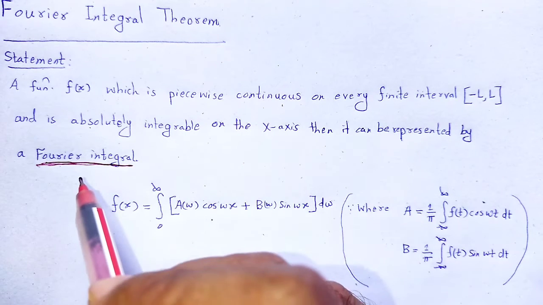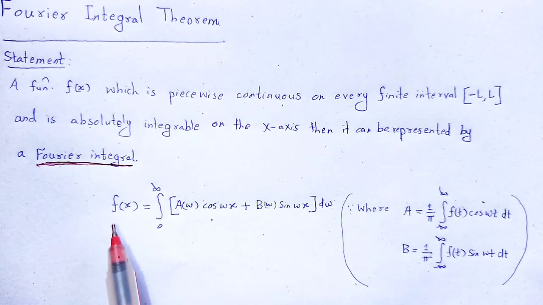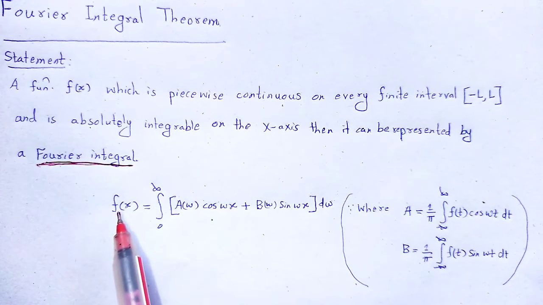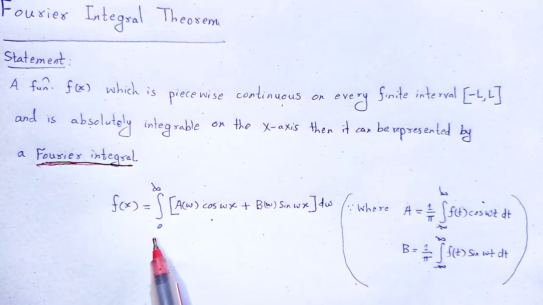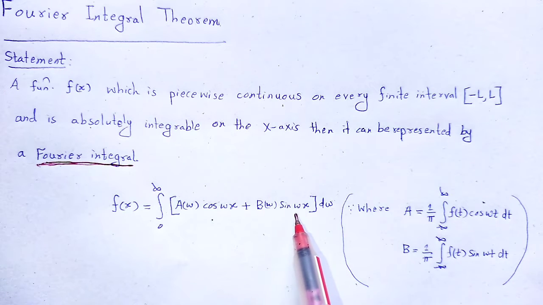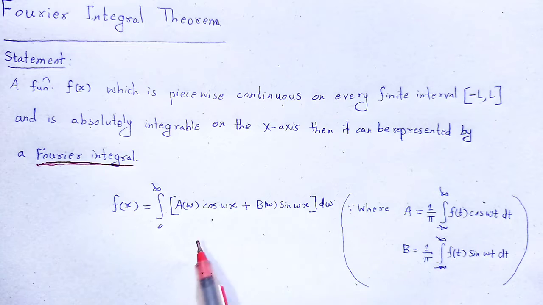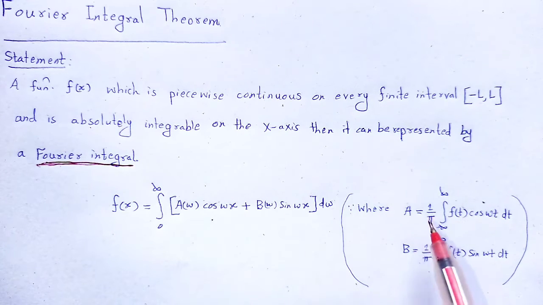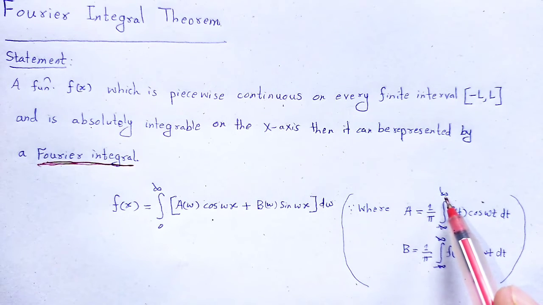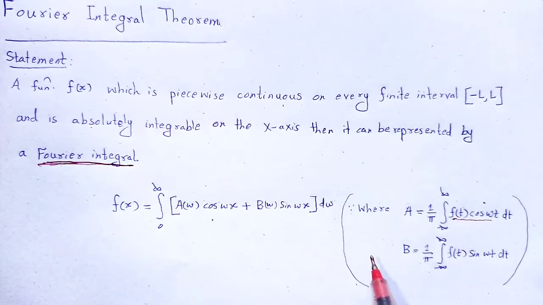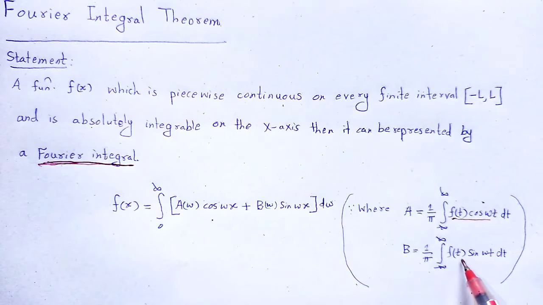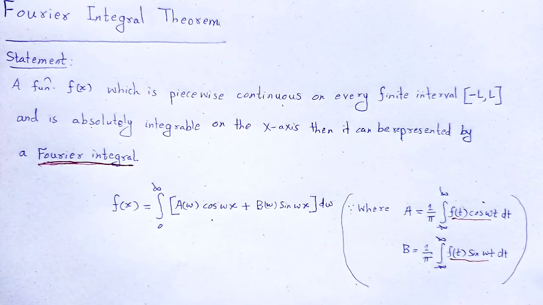Then it is represented by Fourier integral, f of x is equal to the integration over 0 to infinity of a(omega) cos omega x plus b(omega) sin omega x, with respect to d omega, whereas a(omega) is equal to 1 by pi integration over minus infinity to plus infinity f of t cos omega t dt, and b(omega) is 1 by pi integration over minus infinity to plus infinity f of t sin omega t dt.